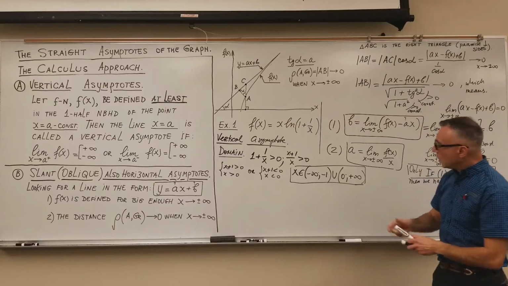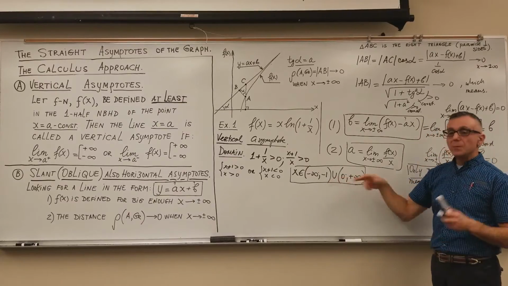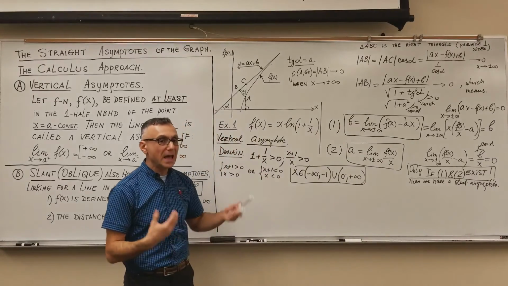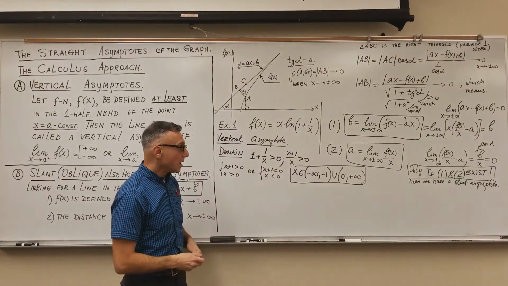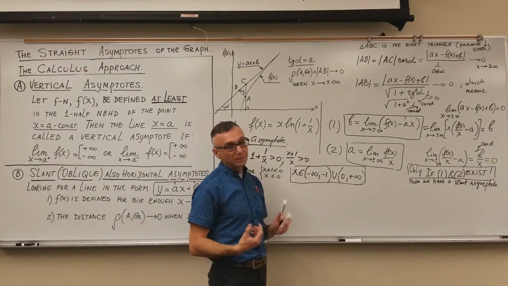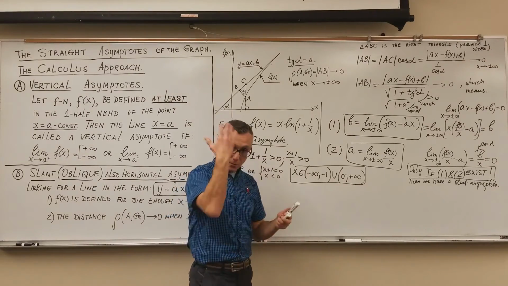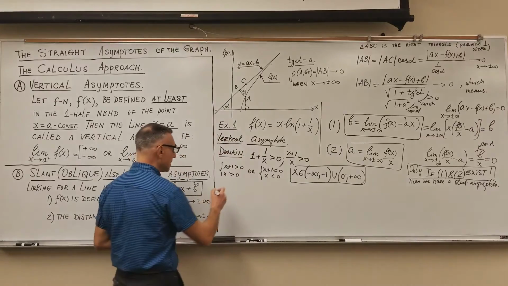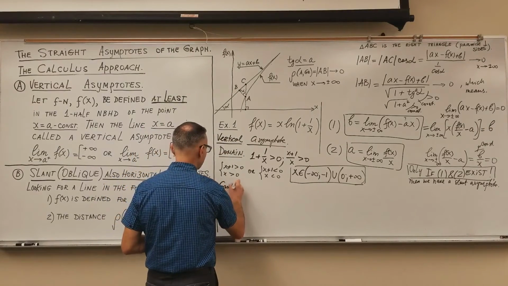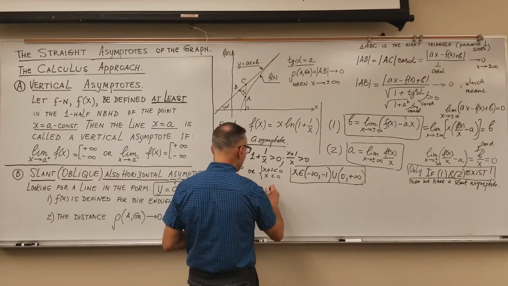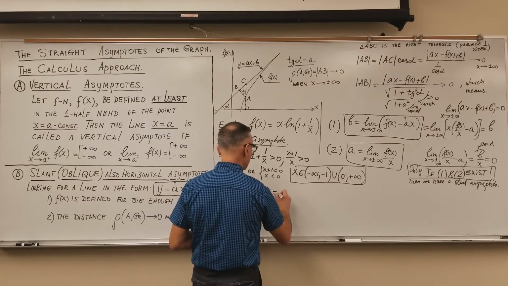Be careful, the border points here are not included, they are excluded from the domain. Those are constant values, and they will probably be the candidates for the vertical asymptotes. So the candidates are x equal to minus 1 and x equal to 0.